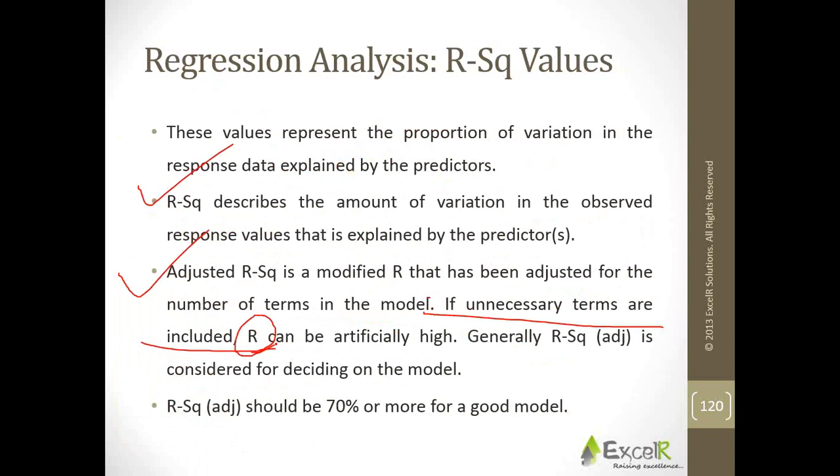If you look only at the R squared value, it might be high, but adjusted R square considers all these factors for deciding on the model. The general rule of thumb is it should be 70% or more for a good model. 70 or 80%. Normally it is 70% that we consider.